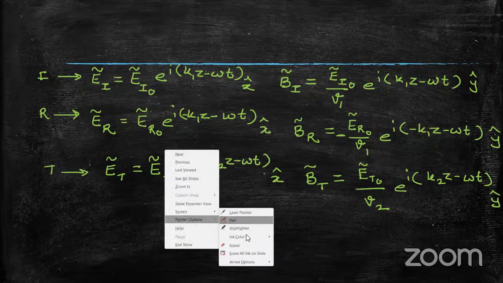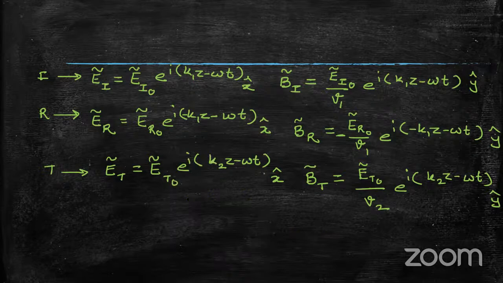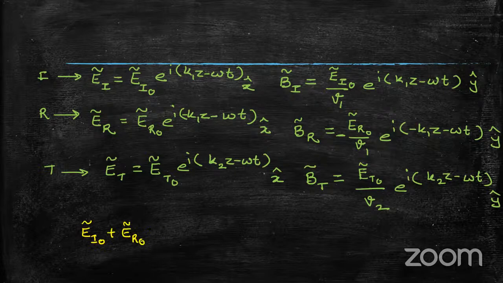From the boundary condition, can anyone tell me what will be the first boundary condition? E parallel on one side is equal to E parallel on the other side. And everything is parallel. So for the electric field it is E_I0 plus E_R0 equals E_T0, right? This is the first boundary condition.